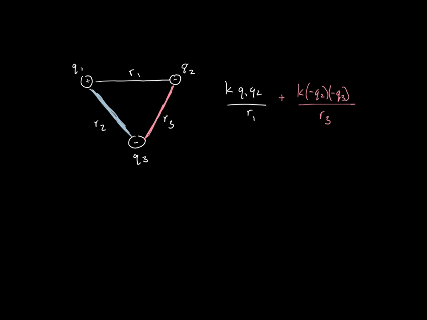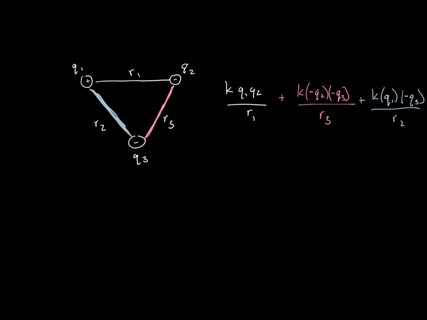Still add it up. k times positive Q1 times negative Q3 over r2. Now when you simplify this all up, you've got to make sure you take into account signs.